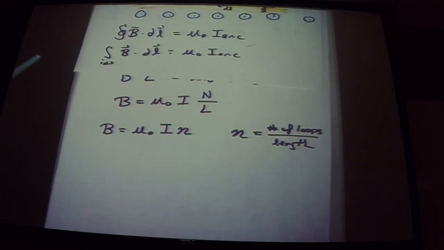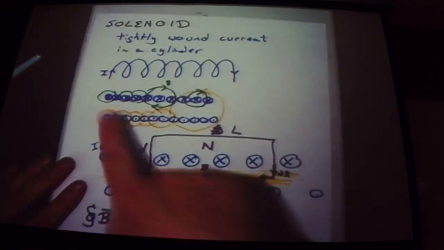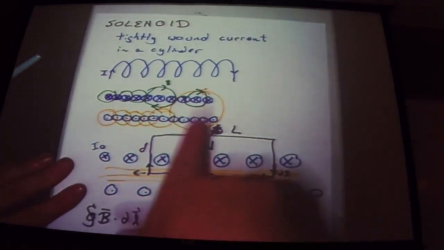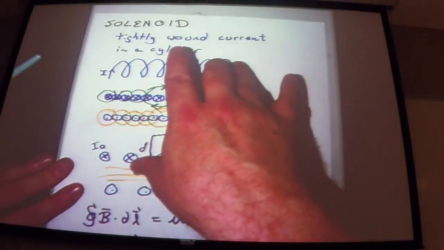Yes? Can you go one more time about why the integral on the outside is 0? The outside integral is 0? Two ways to think about this. What happens is there's cancellation from this bottom half and the top half on the outside of the solenoid.